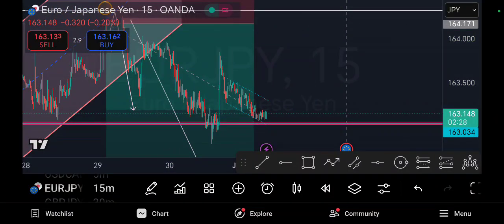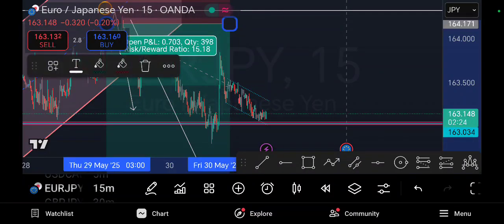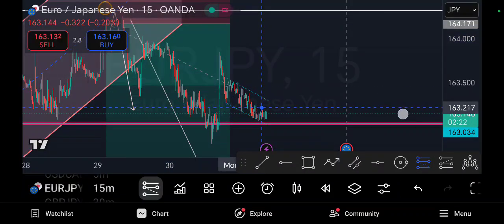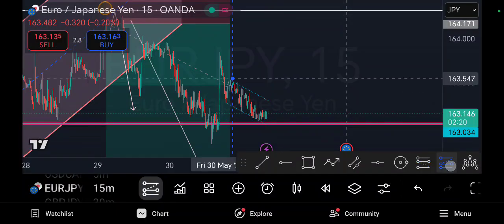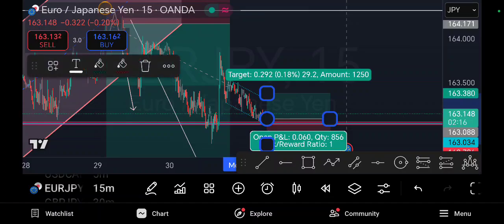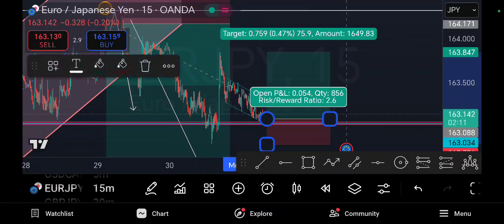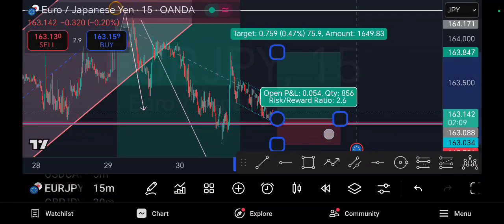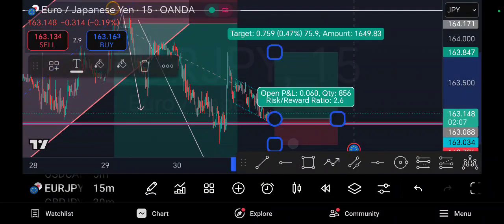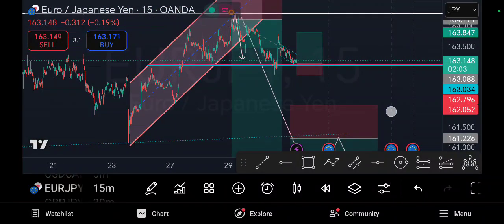Just apply it so that it's not too clogged up. Can expect our buys from there and maybe hold till there, maybe. See?